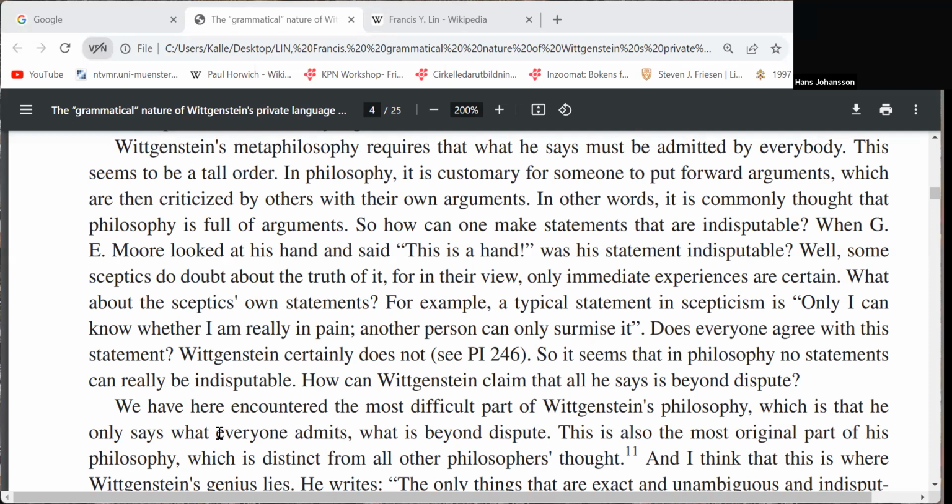For example, a typical statement in skepticism is: only I can know whether I am really in pain. Another person can only surmise it. Does everyone agree with this statement? Wittgenstein certainly does not.